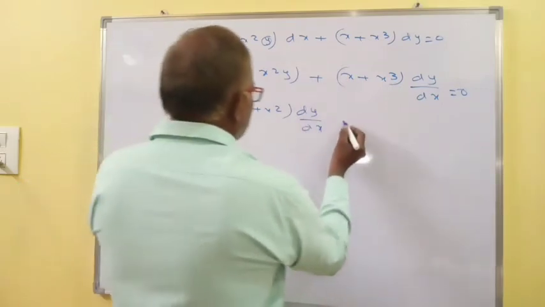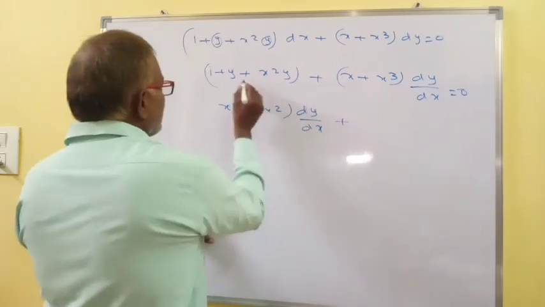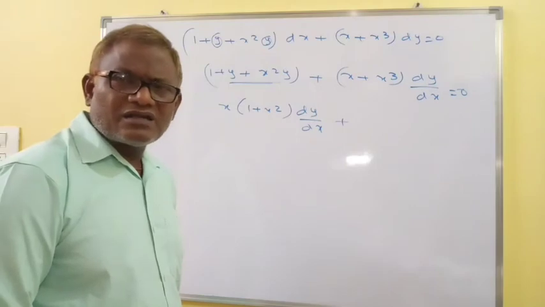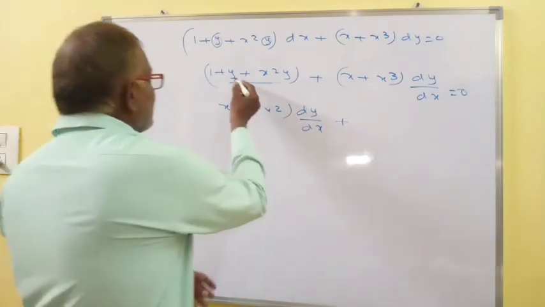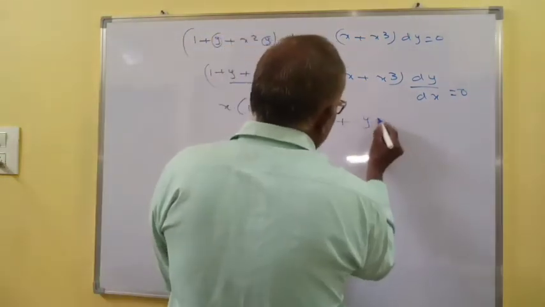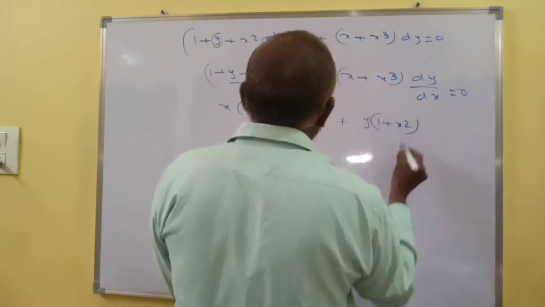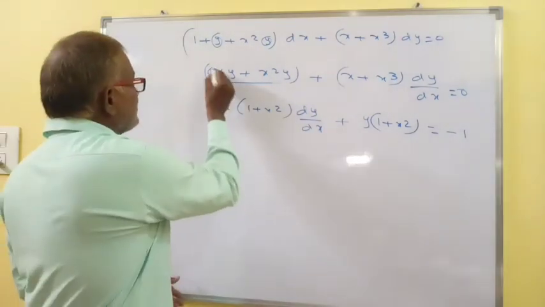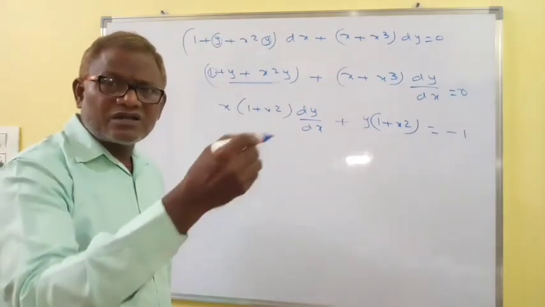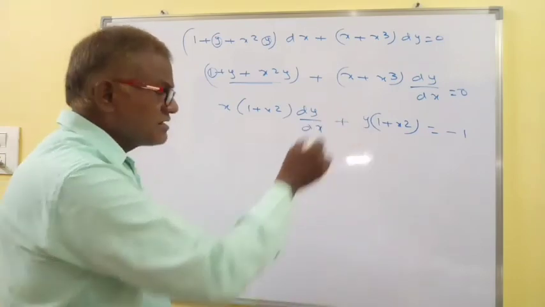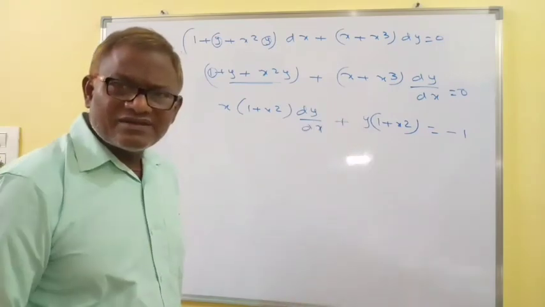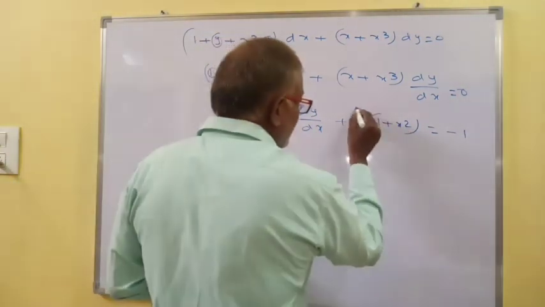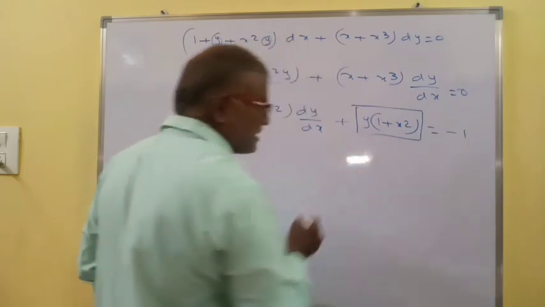On the right side only constant terms or functions of x are required. Here you see 2 y into 1 plus x square. So that's why I have to transpose this one to the RHS only, because the right side requires only functions of x. No need to write the y terms. That's why I have kept these two terms in the LHS only.